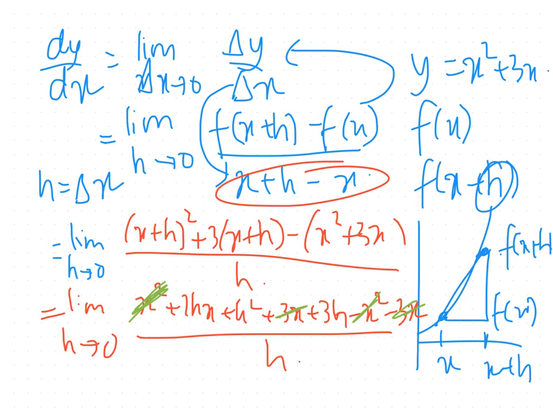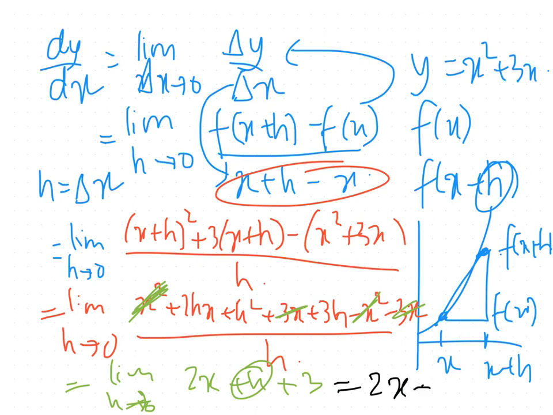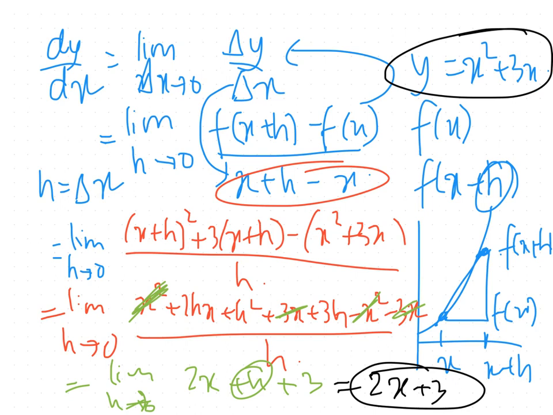So we are left with 2hx plus h squared plus 3h, which, if we simplify, gives 2x plus h plus 3. When h is very close to 0, the h will be gone. So in the end, we get 2x plus 3. And if you notice, this 2x plus 3 is just the differentiation of this. That's where the gradient comes from later on. But that's roughly the idea of differentiation.